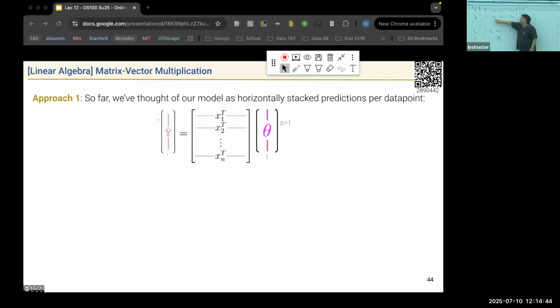And the result of multiplying the second row by this vector is going to be theta naught plus theta 1 x21 plus theta 2 x22, etc. So the first term in the sum is always in terms of theta naught in both multiplication cases. The second term in each multiplication is always going to be theta 1.